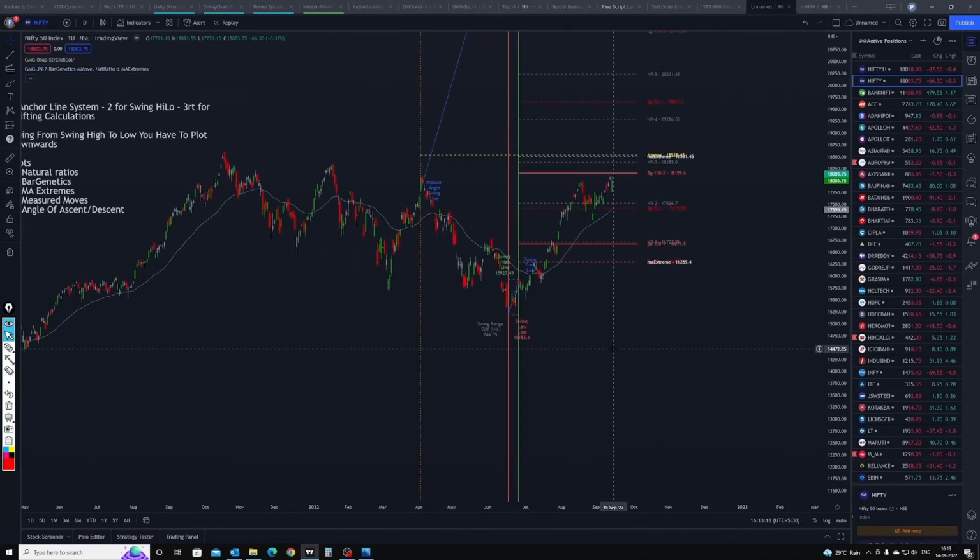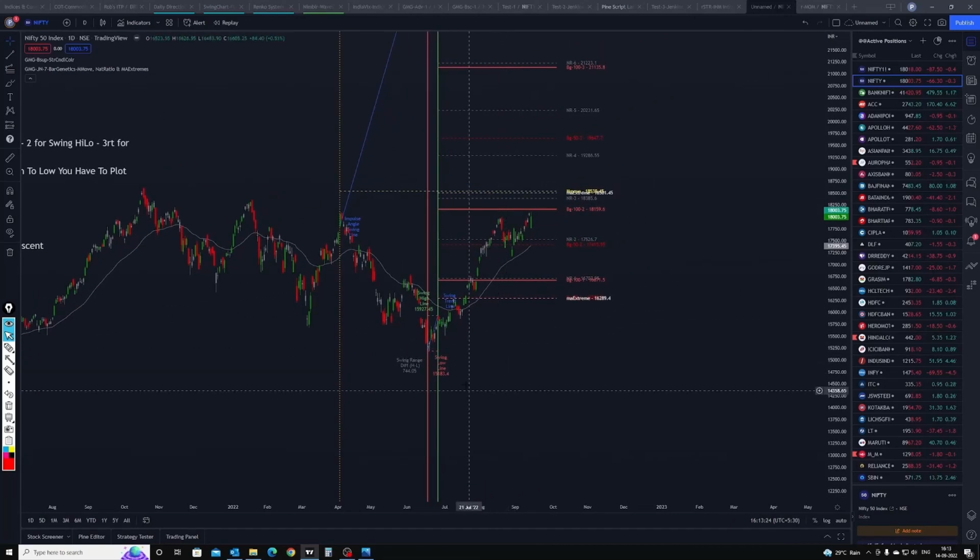So now what has happened, we have selected a swing which is going from down to up, from low to high. So we want calculations to be done in the upward direction. So it is dependent on the selection of the swing, whether you are going from high to low or low to high. So now it is calculating in the upward direction. All the calculations are being done that way.